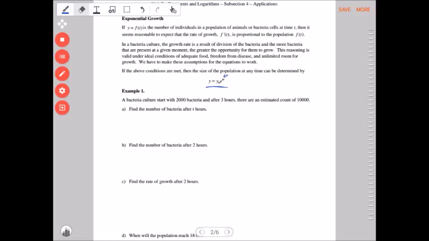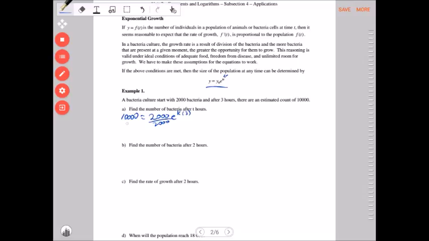So y is 10,000, y0 we started with 2,000, e to the k, and we know that it's been 3 hours. So you see, there's only one variable there. Let's solve for it.